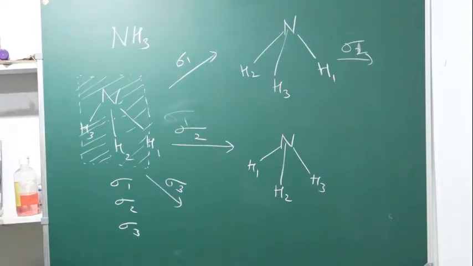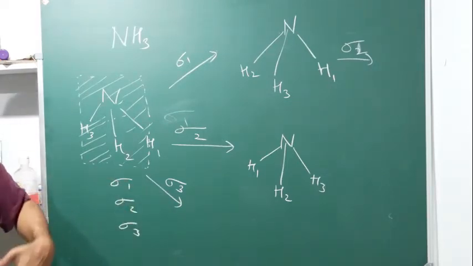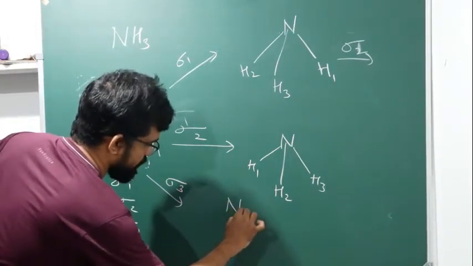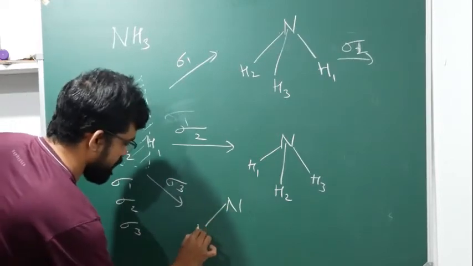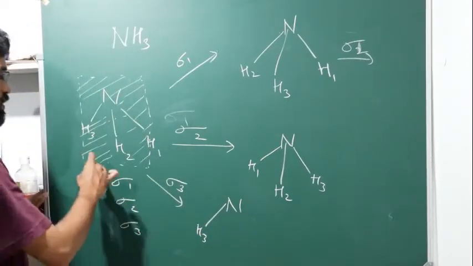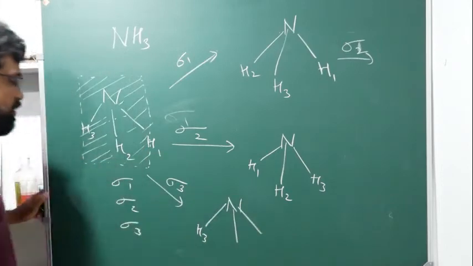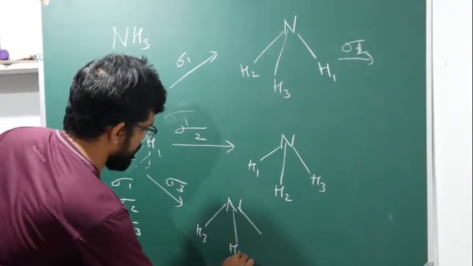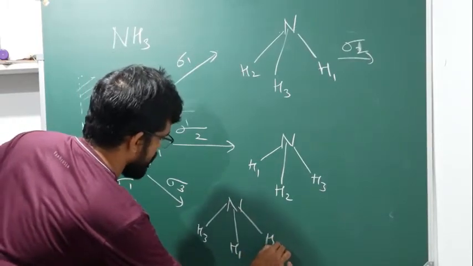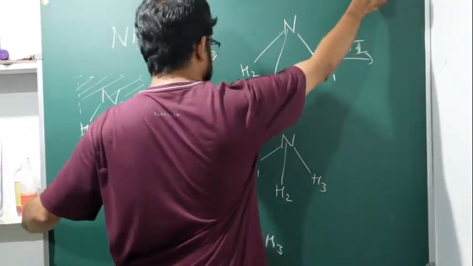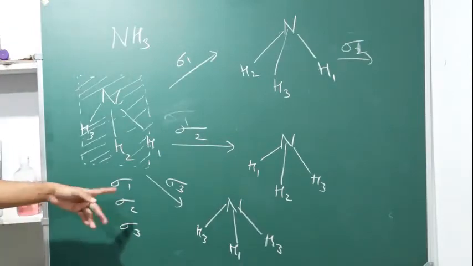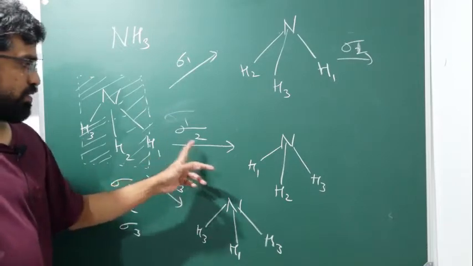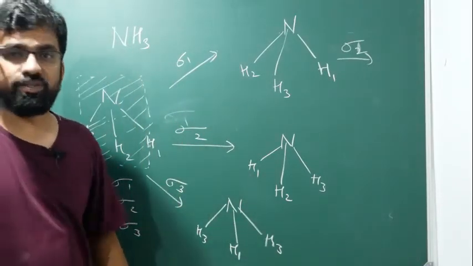So what happened on sigma 3? I am just writing H3 here, and H2 and H1. This is your H1 position, and this is your H3 position. So this is sigma 3, this is sigma 2, this is sigma 1. It's clear? Okay.